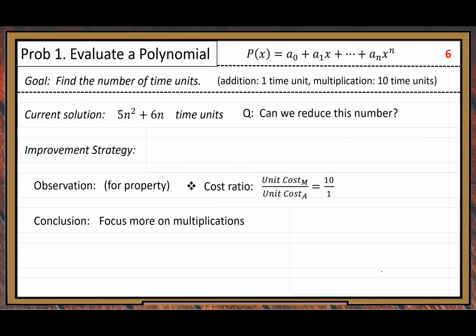I draw this big circle to represent the total number of time units. Other than this small portion, the remaining big part is all for multiplication.